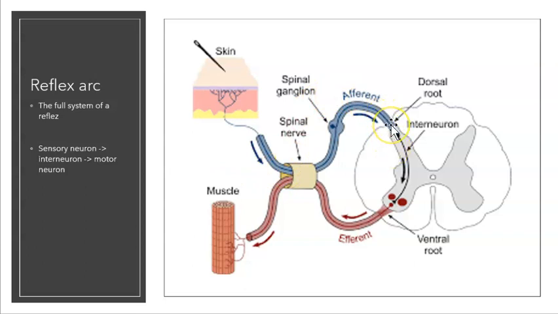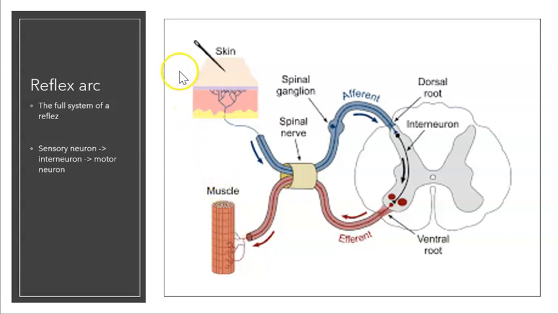So the sensory neuron will then talk to these interneurons that are within your spinal cord, and the interneuron will then tell a motor neuron to send information to your muscles to contract or relax. This will cause you to have that reflex.